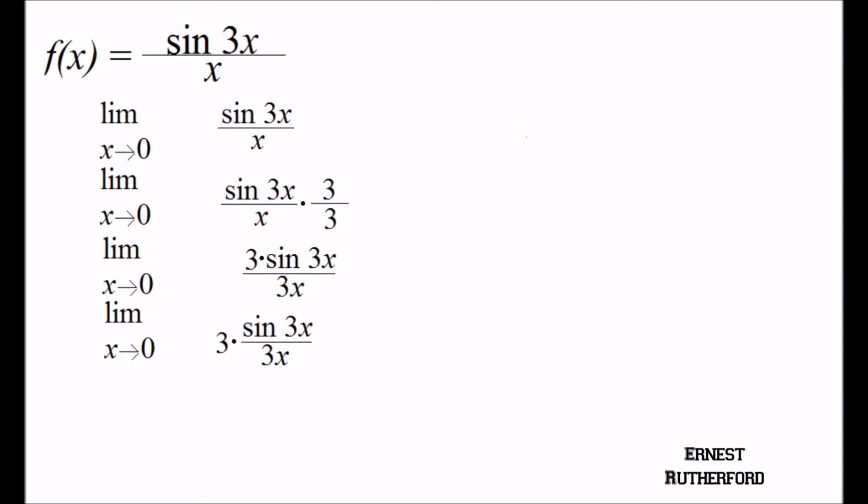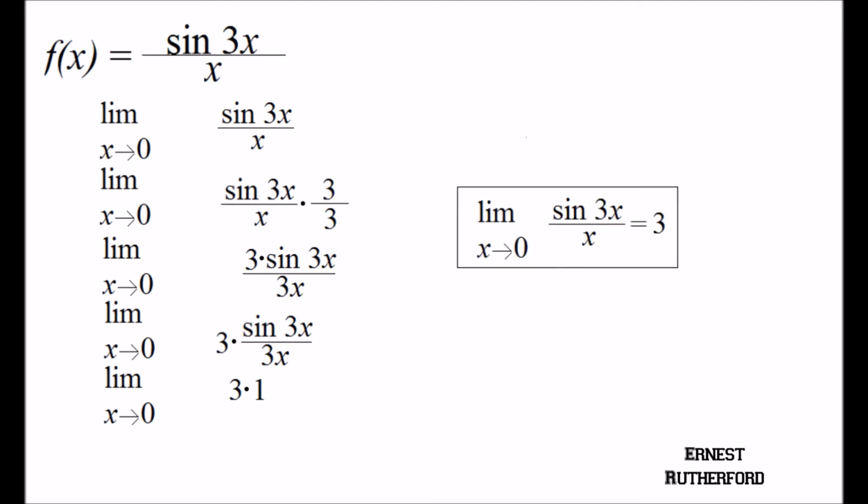Then separate the 3 from the numerator, then it will be 3 times sine of 3x over 3x, which is equal to 1. So we can get the limit of this function as x approaches 0. Since the limit of 3 is 3 and the limit of sine of 3x over 3x is 1, then the limit of 3 times 1 is 3.